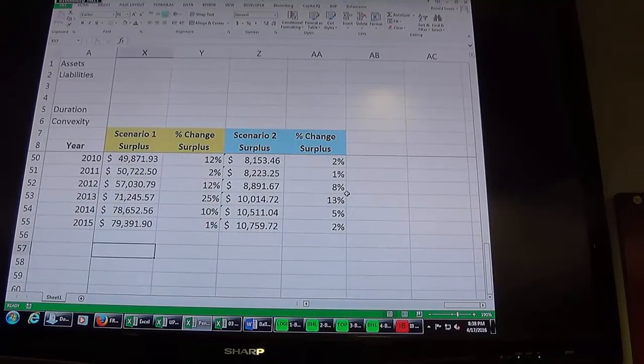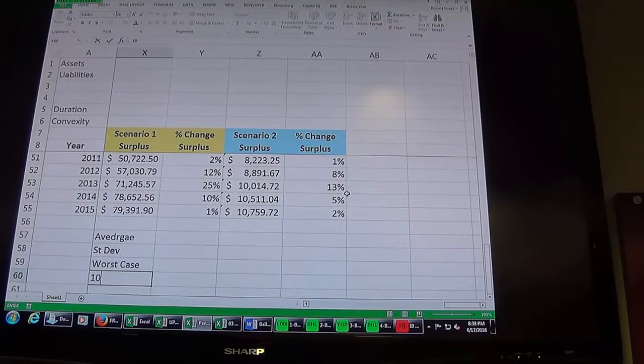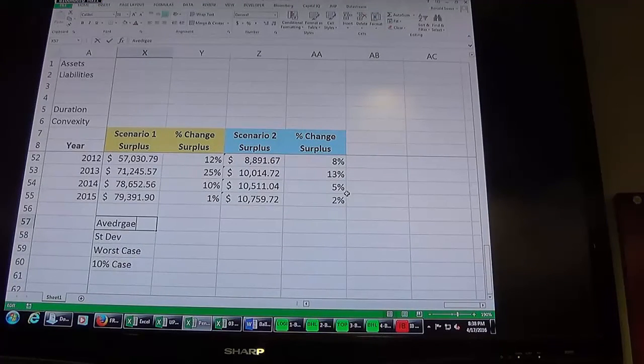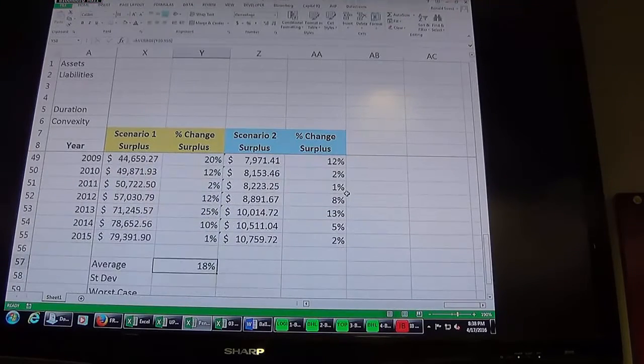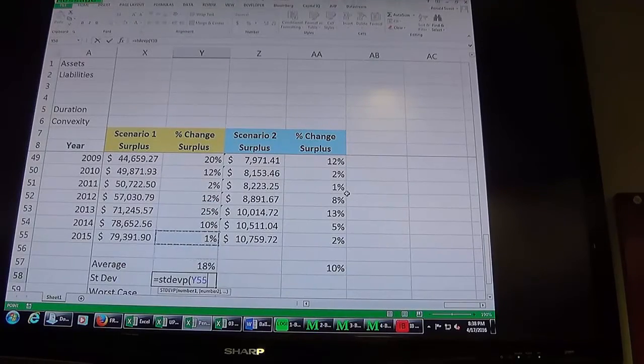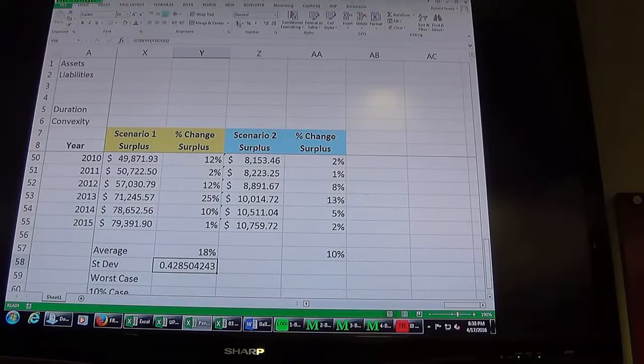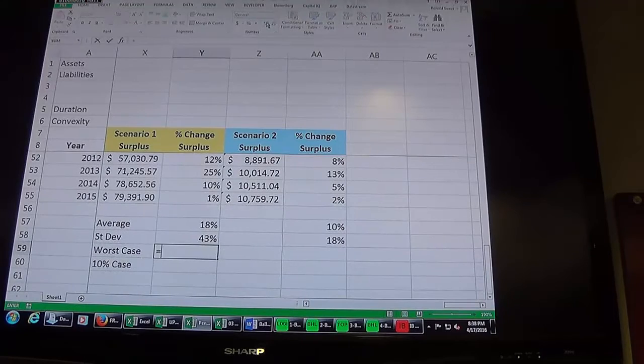All right, so let's try average, standard deviation, worst case, 10%, whatever you want to do. So equal average. Equal STDVP. This better be higher if we did it right. Let's see how much we got it down. Equal min.